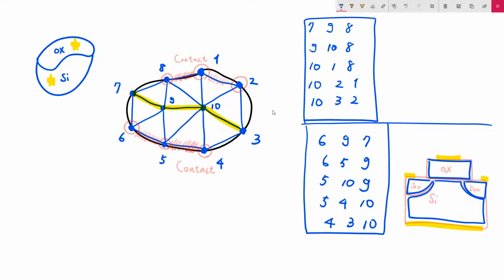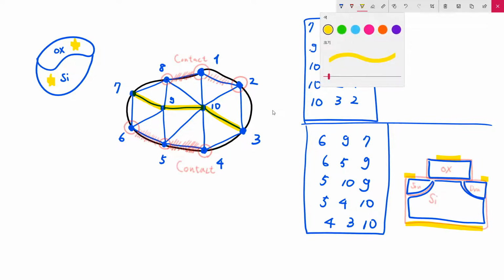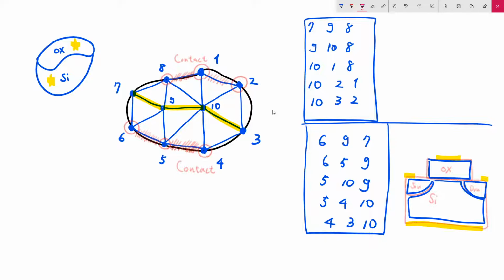Okay, so thank you. But I think that we have one issue for this simple system. Even for this simple system, we can immediately have a certain question.